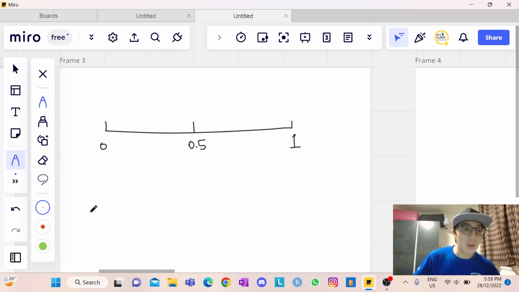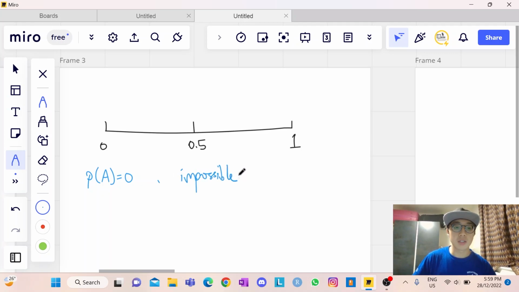When the probability of A is equal to 0, it is impossible to happen. What is the probability of getting a 7 from a 6-sided die? It's impossible, so you will never get the outcome. So it's 0 over 6, therefore you get 0. So for 0, we write impossible.